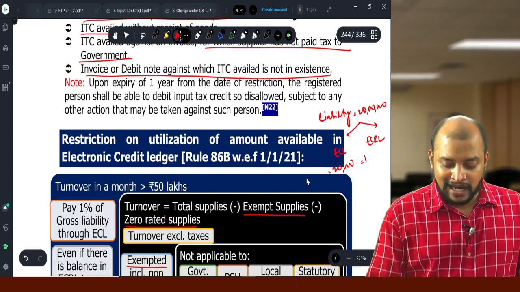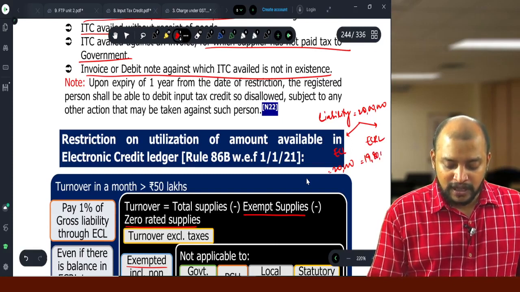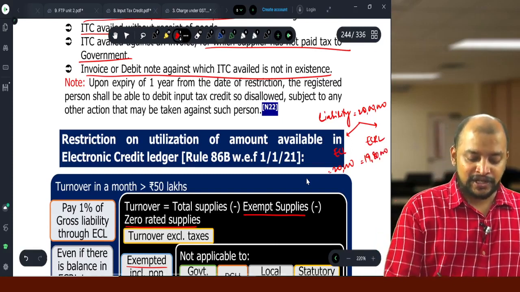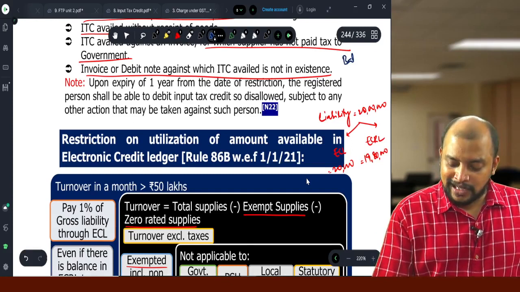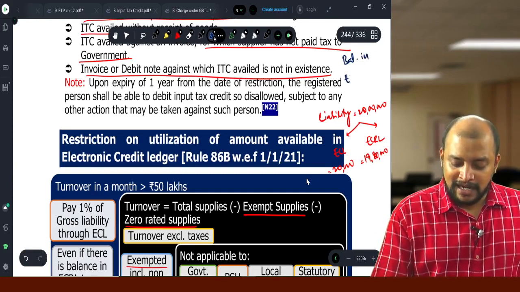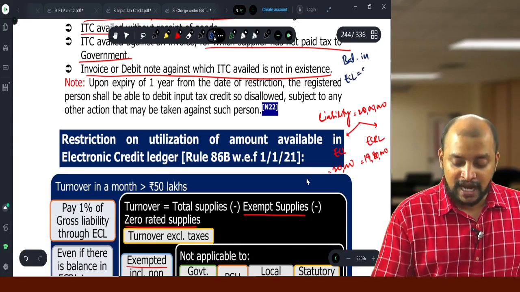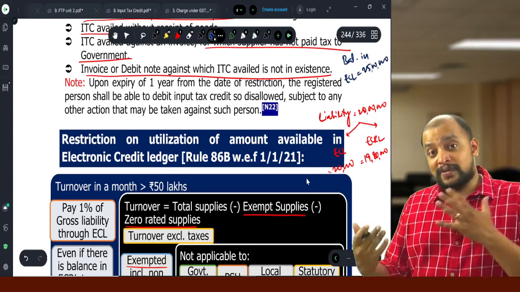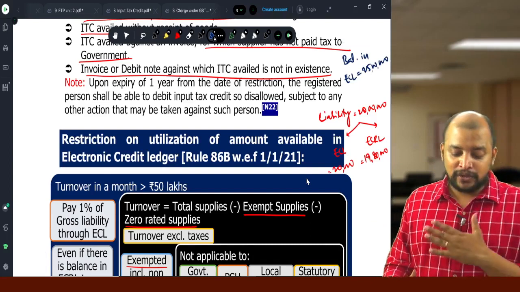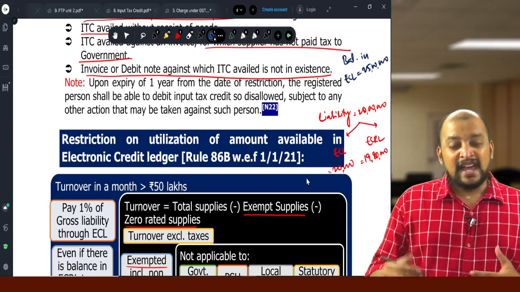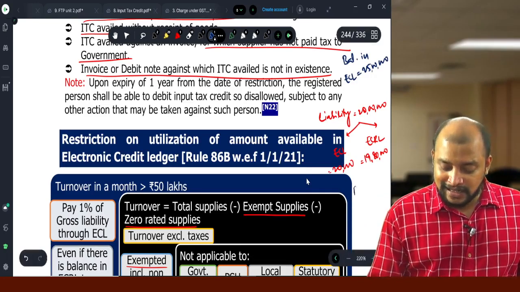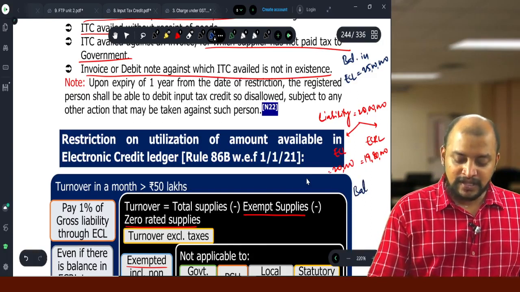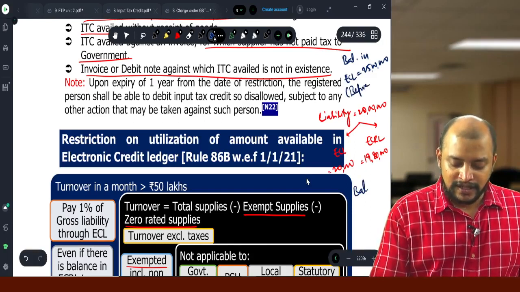So 19,80,000. And what is my balance in the credit ledger? If you see my balance in electronic credit ledger, I have 25 lakhs. So I have a balance more than 20 lakhs, but even then I can use only 19,80,000. This is before payment.